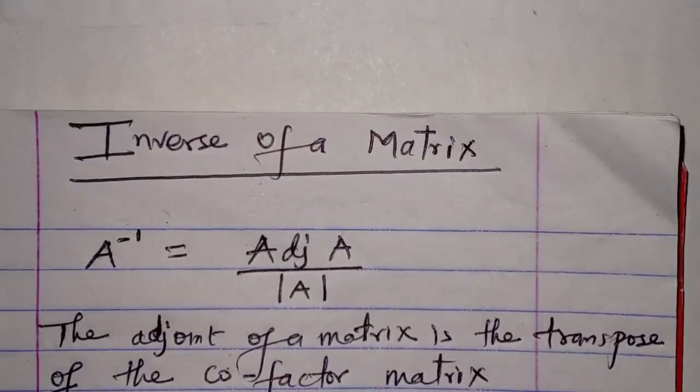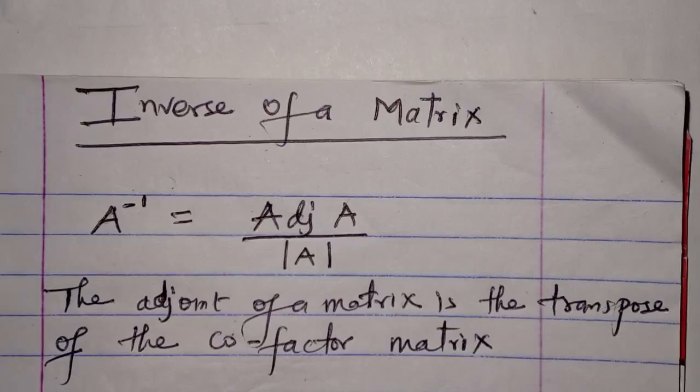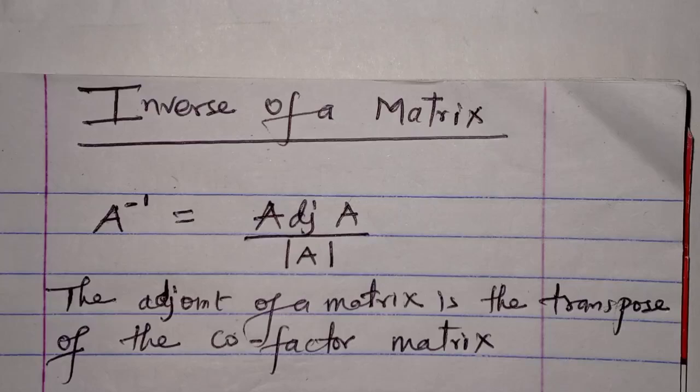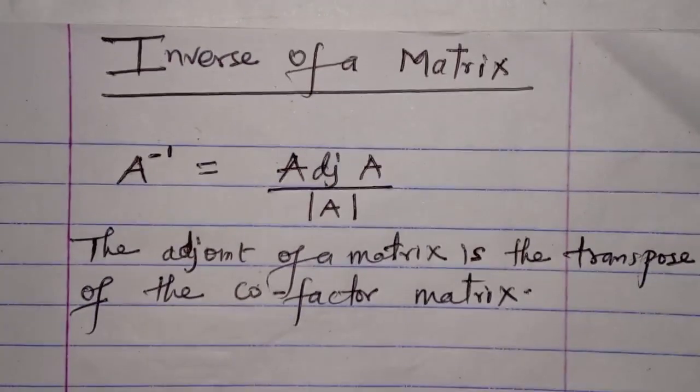Or the adjoint of a matrix is the transpose of the matrix of cofactors. So we need to determine the adjoint now, we need the cofactor of each of the elements in the matrix. Take for example this 2 by 2 matrix.